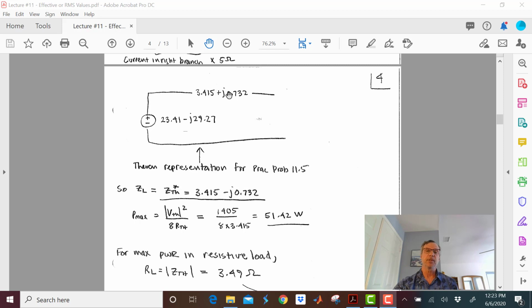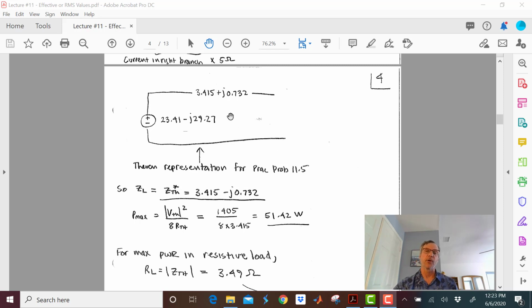And you see my plus 0.732 went to minus 0.732. So there's your Thevenin impedance. We're going to use our handy-dandy formula for the maximum power. And we're going to say that we get 51.42 watts in our matched load.